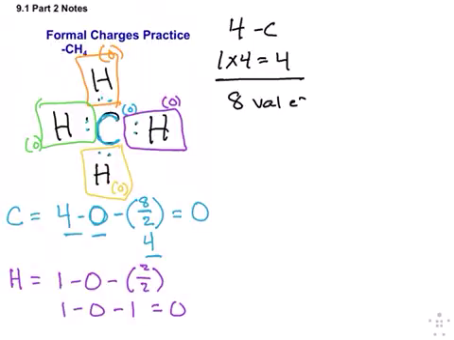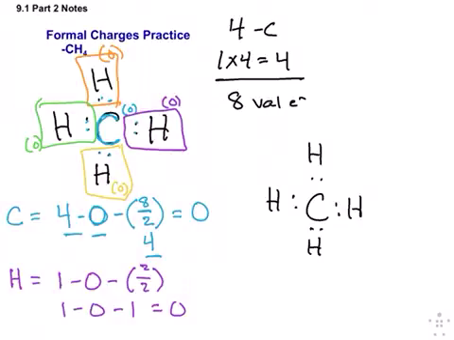Since all 5 atoms have a formal charge of 0, we know that the best structure for this compound is in fact what we had originally drawn. Does that make sense? We check off that it follows our octet rule, it follows the required number of valence electrons, and we have our best case formal charge scenario represented.